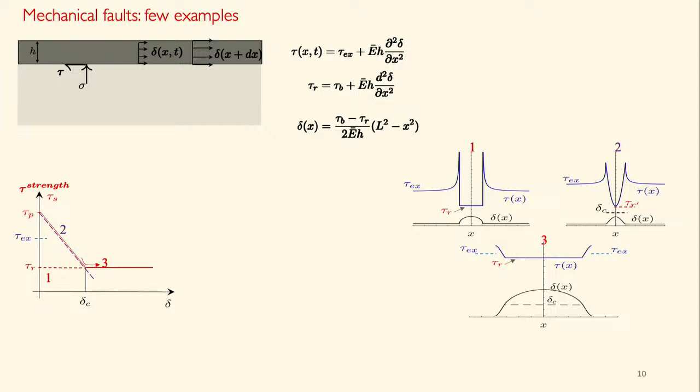So these are tau p, tau residual and tau external outward, and this is model 3 where we drop and then settle to one particular place. These are slip dependent constitutive formulations, and they are cracks. You see this is a different profile here, so there is no stress singularity anyway.